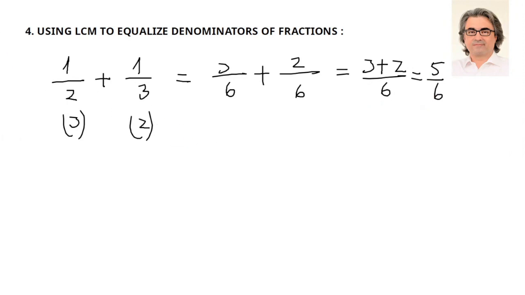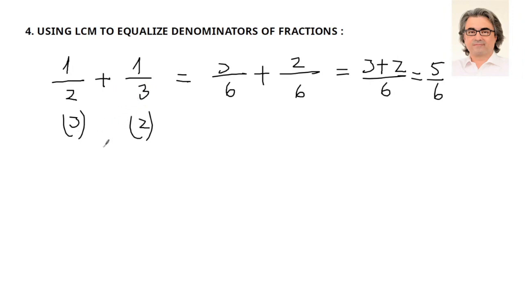So, now let's pay attention to the denominator 6. For the first fraction, the denominator was 2, and for the second was 3, as you see. And they are not equal to each other.